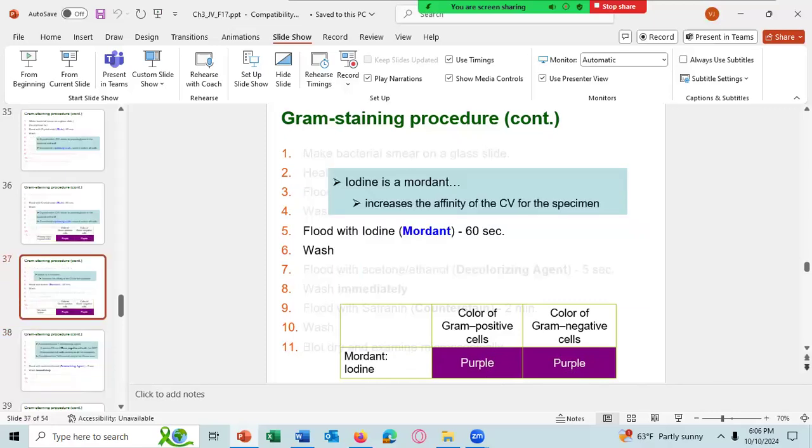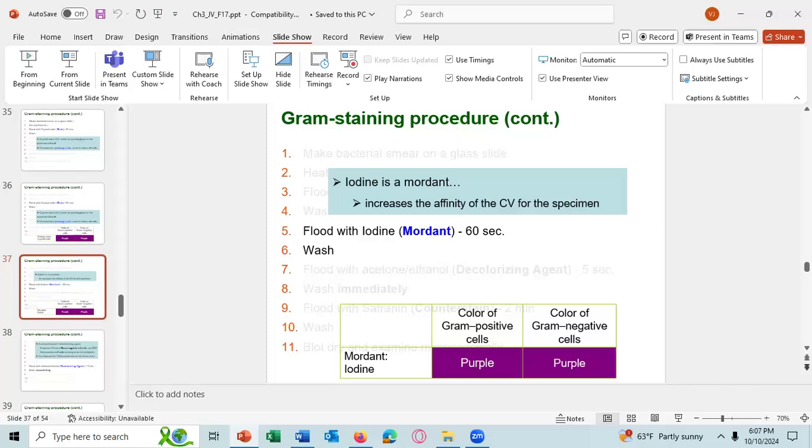After you've washed off the crystal violet, you dump off as much of the water as you can. You don't need to get all of it off. You then flood the slide with iodine for 1 minute. Iodine is not used as a stain here. It is simply a mordant.